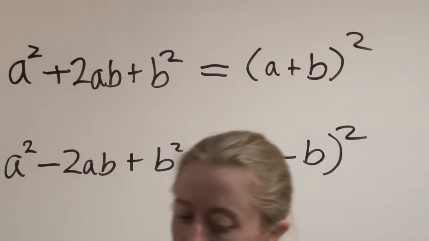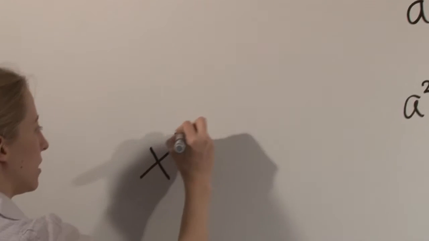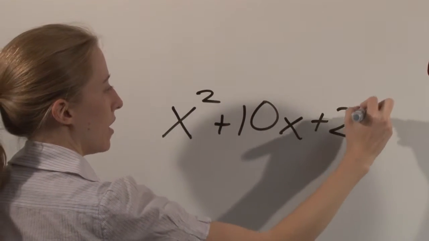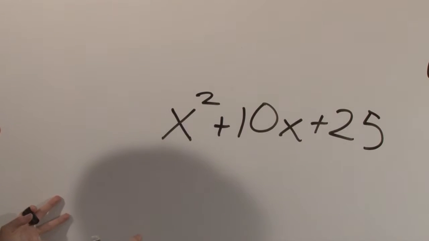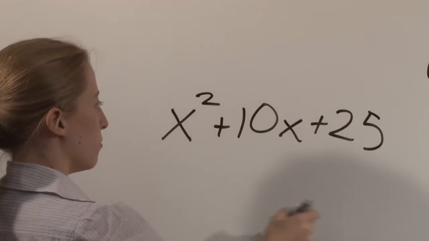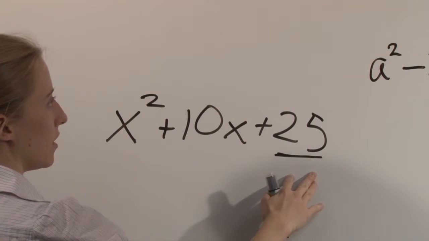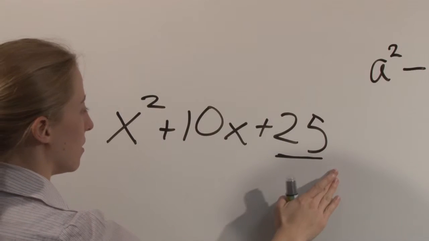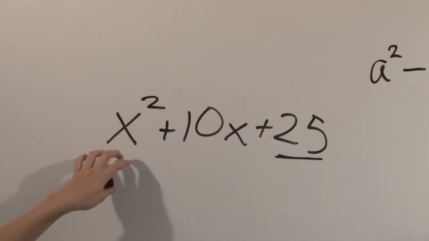So as an example, if I have x squared plus 10x plus 25, I could try to identify whether or not it's in one of these forms. The first thing I do is look at this last term. If it is a perfect square, which it is, then that's one requirement. So 25 is 5 squared.